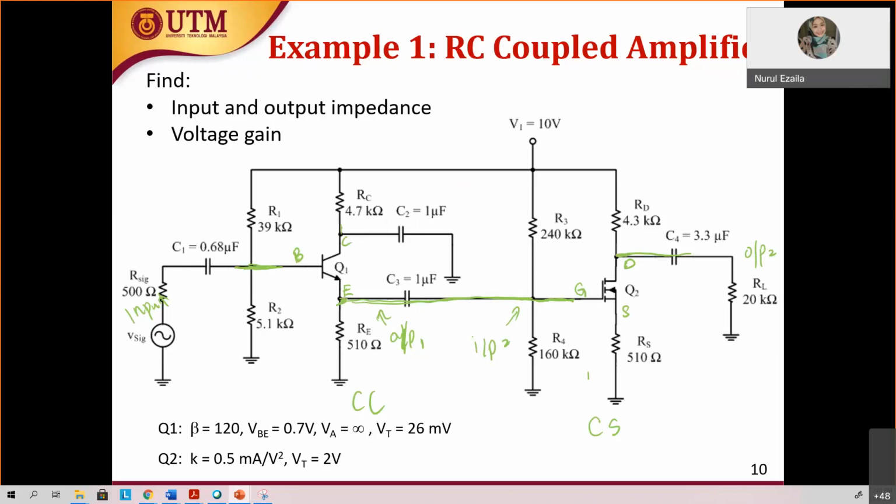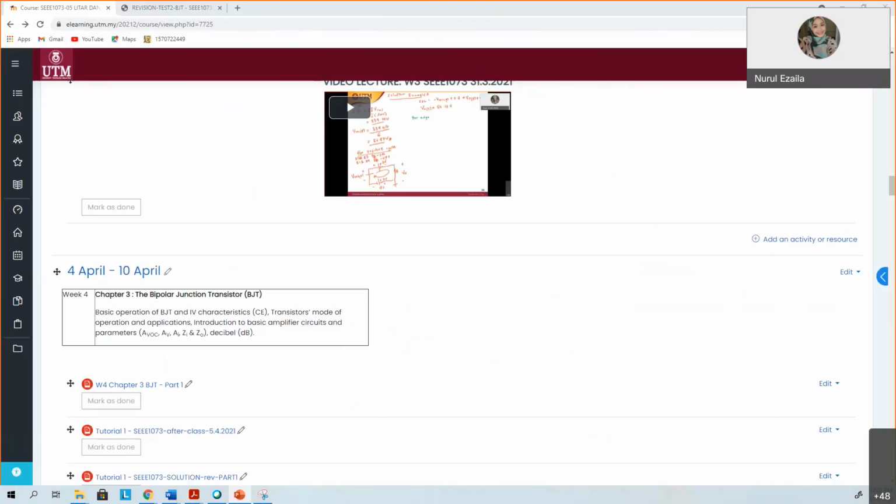All right. So clear on this part? We'll give you more examples later. But now let's draw the AC equivalent circuit. I need to copy first.